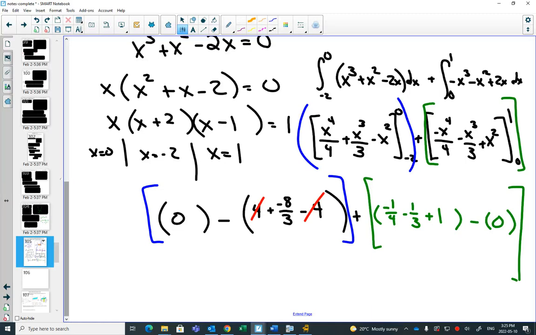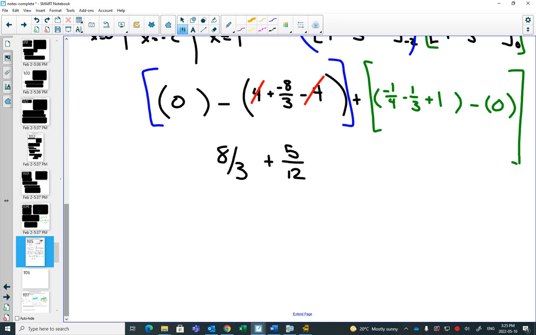So in the end, the first section's area becomes 8/3. And the green section, if you get a common denominator of 12, you've got negative 3/12, negative 4/12 plus 12/12, which is 5/12. Units squared.